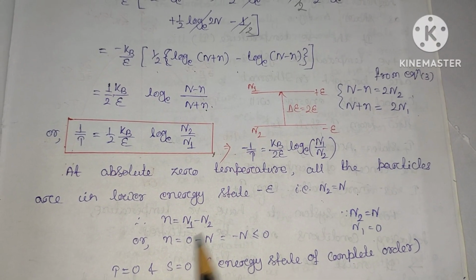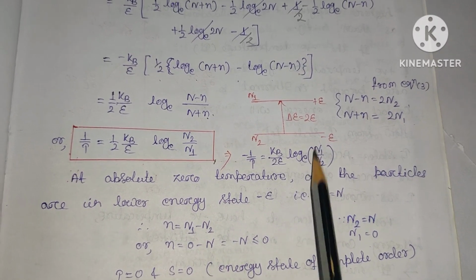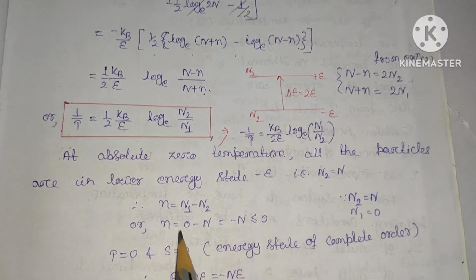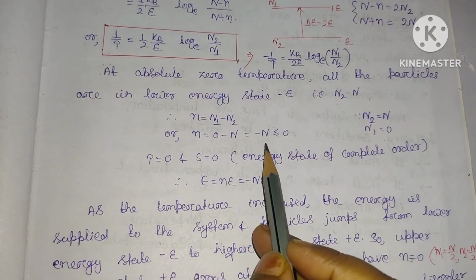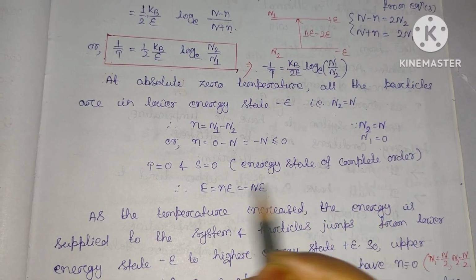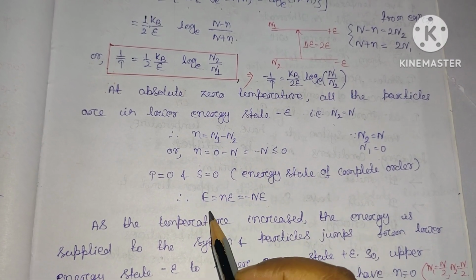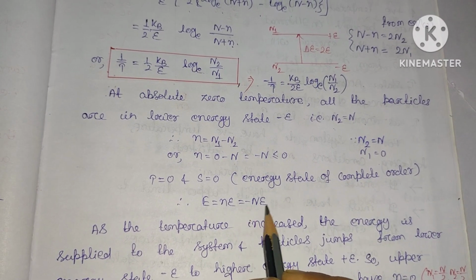So if we put in place of n2 the total number of particles n, in the n2 state, there will be no particle in the n1 state. So n becomes 0 minus n, or this becomes minus n, which is less than or equal to 0. So at temperature 0 and entropy 0, E equal to nε becomes minus nε.